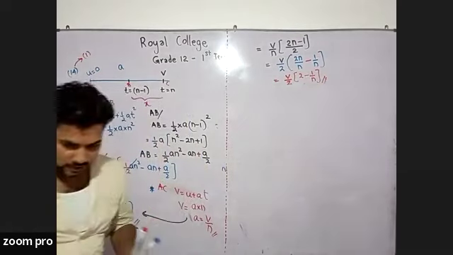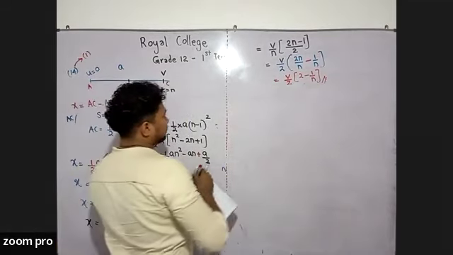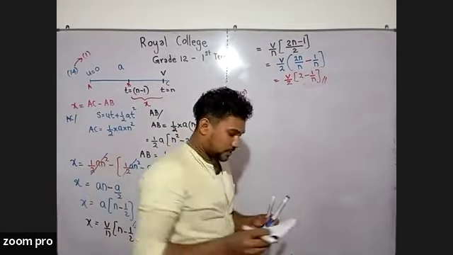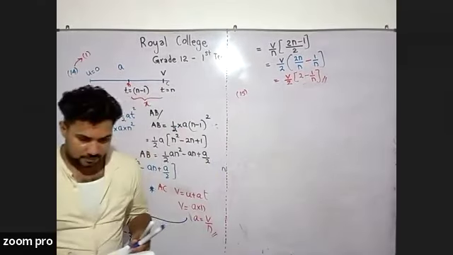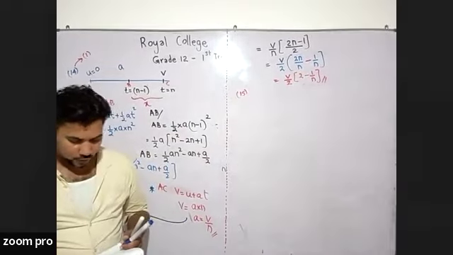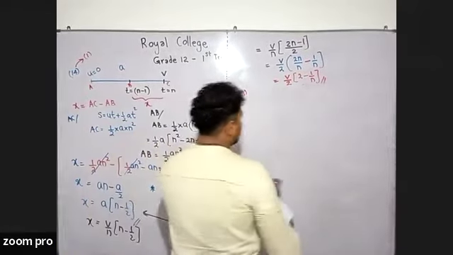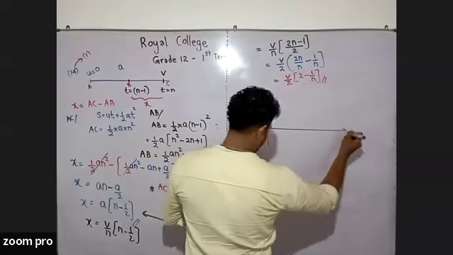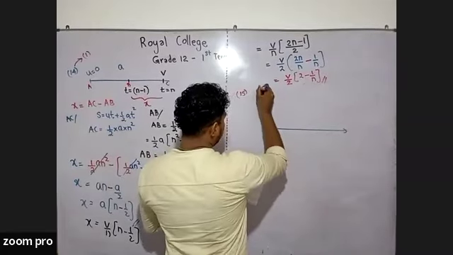In the 15th question, the displacement time graph of an object is given below. Which of the following statements is correct? So first of all, I'm drawing the given graph. This is the displacement time graph.